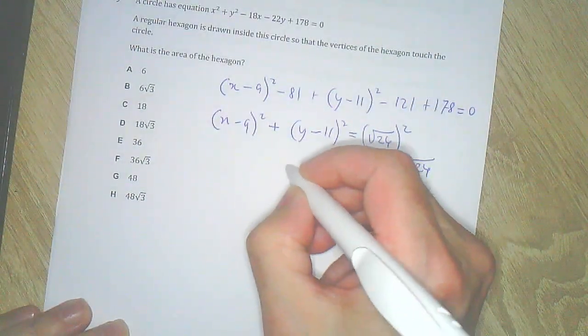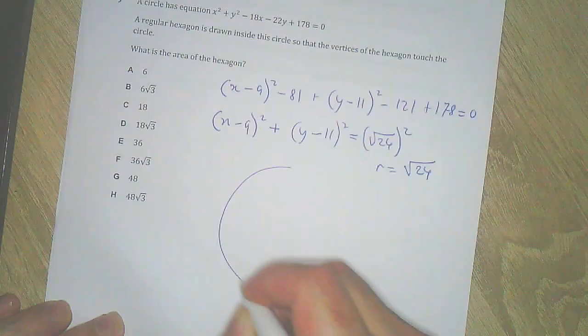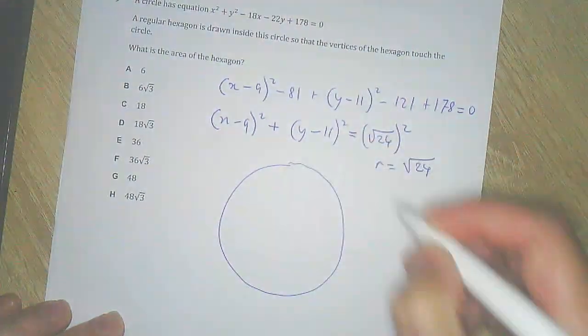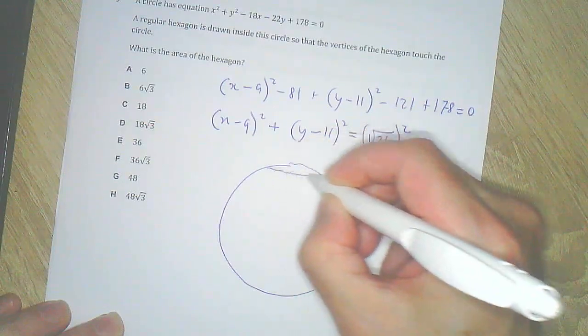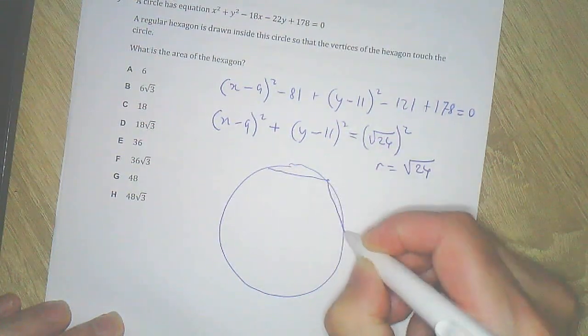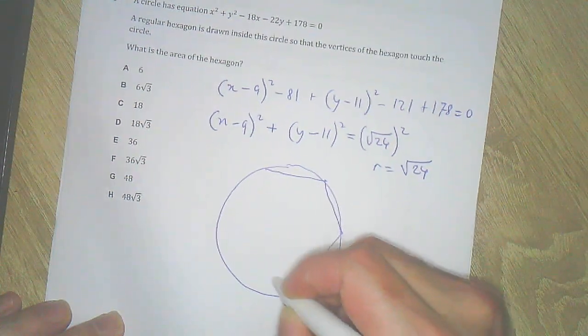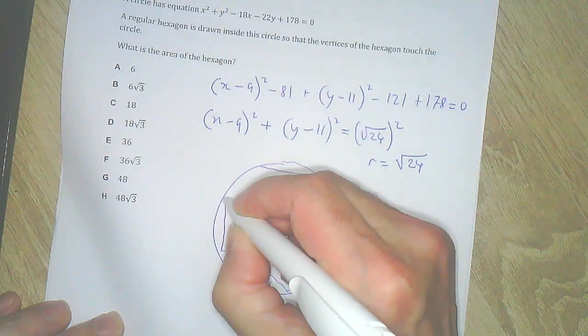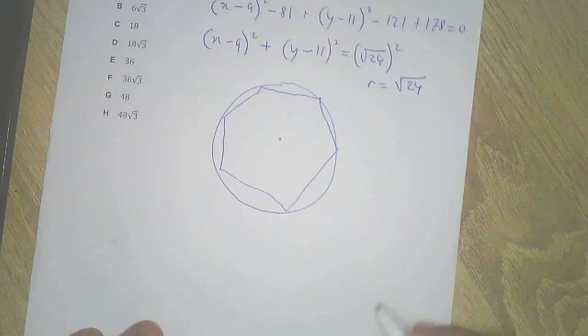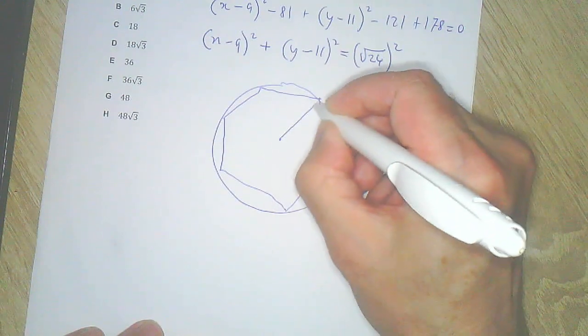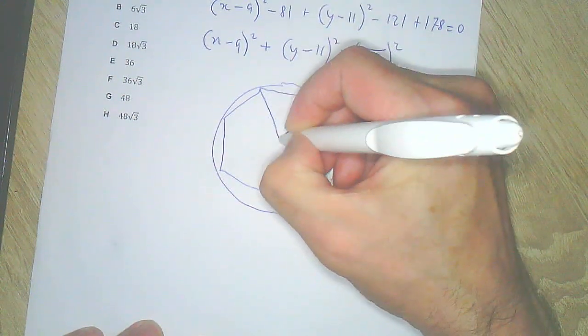So let's just try and picture what's going on. We've got a hexagon inside a circle. So a hexagon, 1, 2, 3, 4, 5, 6 sides, and then if we think about it, let's just pick a triangle from this hexagon.